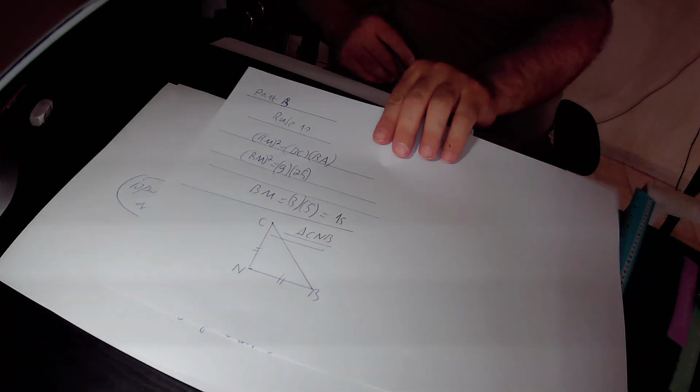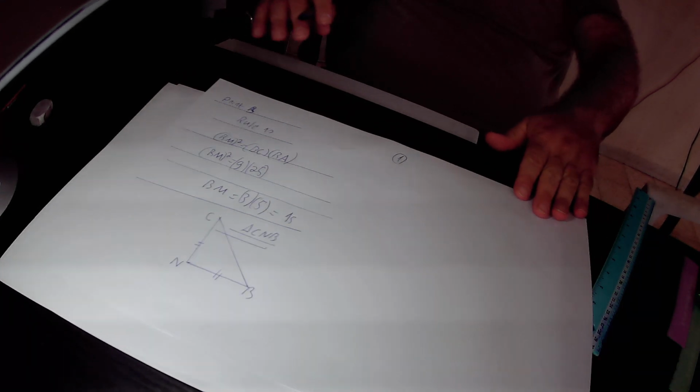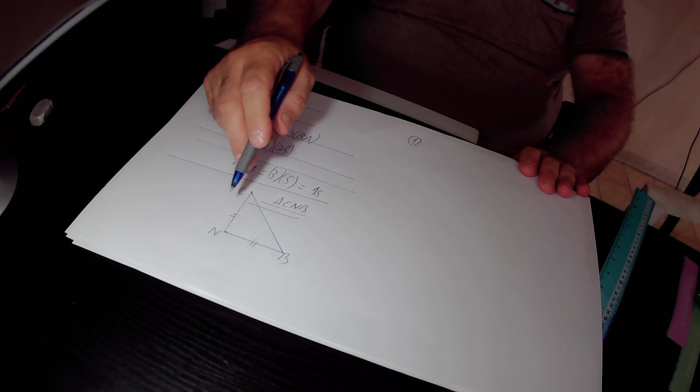Actually, this is triangle CNB decoded from the original drawing. So in this triangle CNB, side CN equals side NB.